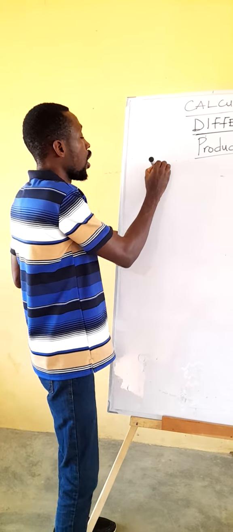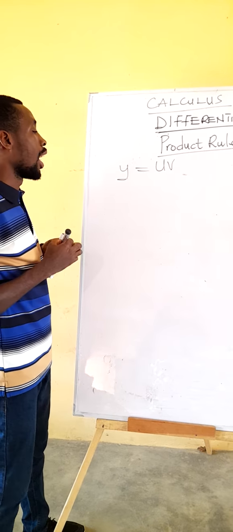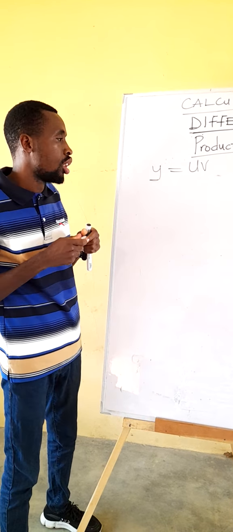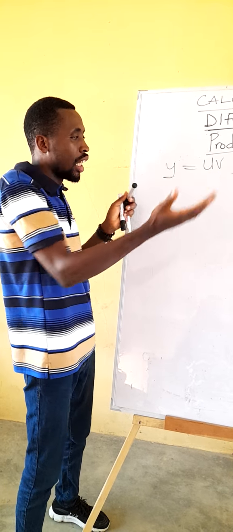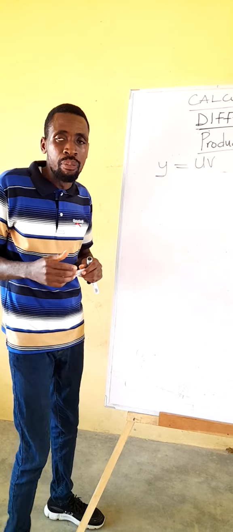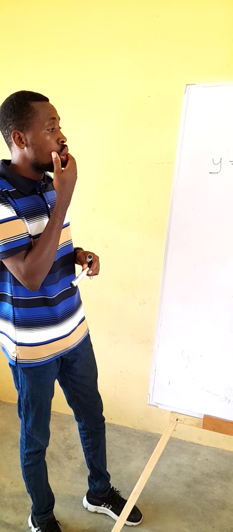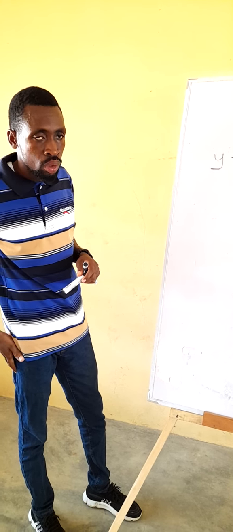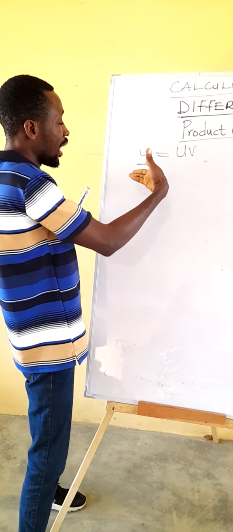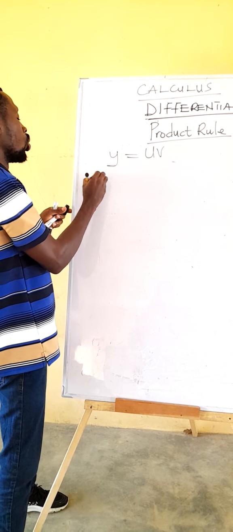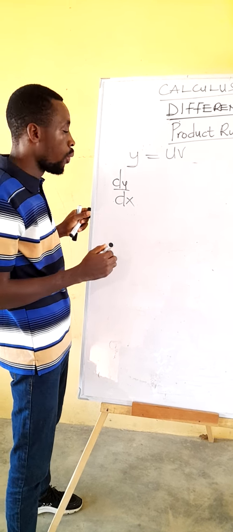If a function is in this form, that's y equal to uv, where u is a function and v is another function multiplying each other, then the ideal method to use is the product rule.